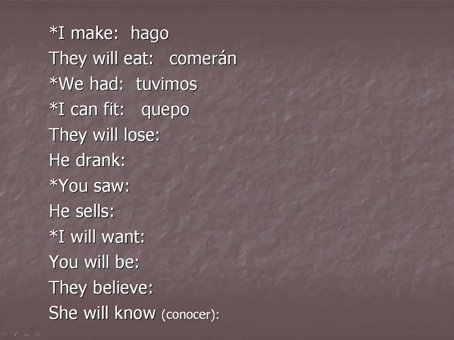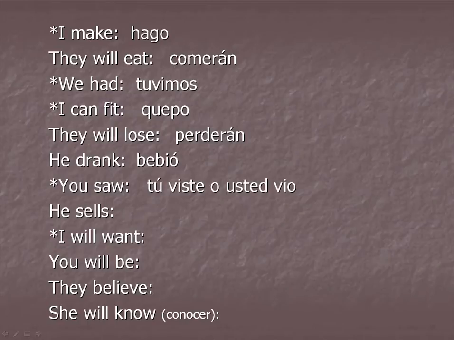They will lose. Ellos perderán. He drank. Él bebió. You saw. ¿Tú viste o usted vio? He sells. Él vende.